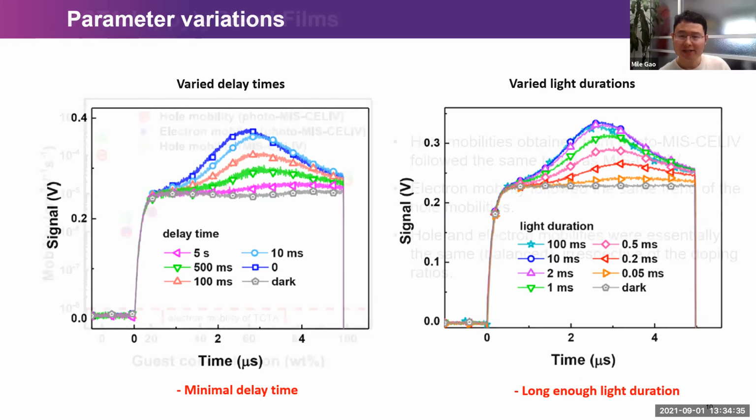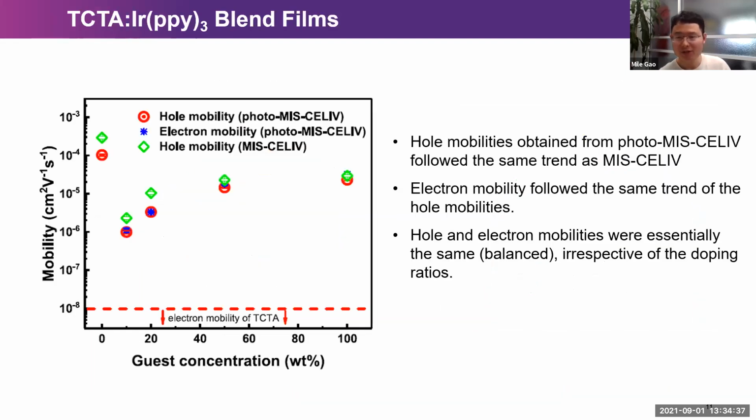So now, with an understanding of the effect of different parameters, we finally applied the Photo-MIS-CELIV to measure the hole and electron mobilities of ERP TCTA blend films. For reference, the hole mobilities of equivalent blends obtained using standard MIS-CELIV, which are the green dots here, are also included.